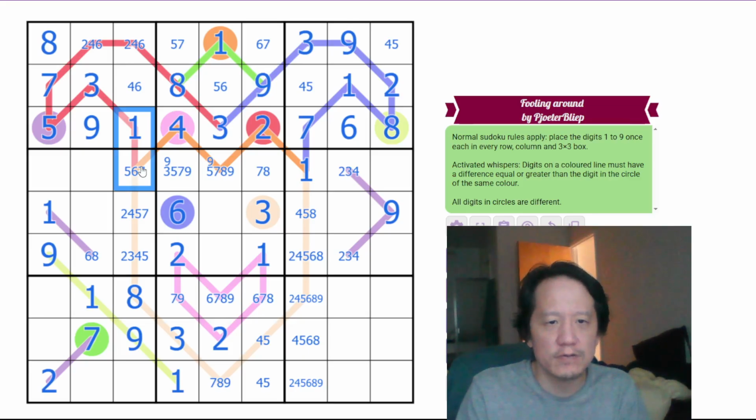And why can't it be 3? Anyways, this can't be 3 here because of that 3. This should be able to be 3, actually. I don't know how I eliminated 3 here. Anyways, this could be 3. That's a 1 away from 4. That's fine.